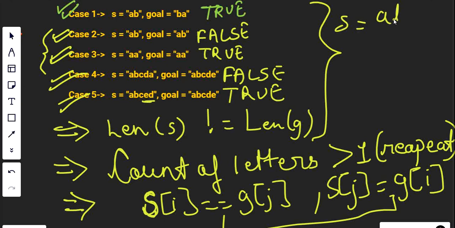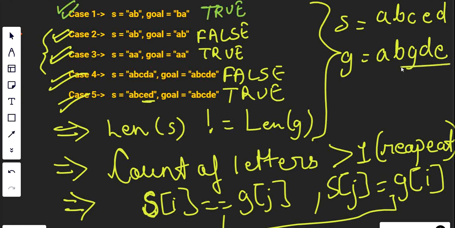If S is equivalent to A, B, C, E, D, and I'm saying goal is equivalent to A, B, G, D, E. Now in this case, we can see we are having 3 indexes to swap, right? These 3 indexes in S. But this will never lead us to the expected result, as I am going to swap E and D and this will become DE, but still there is C and this is G, right?